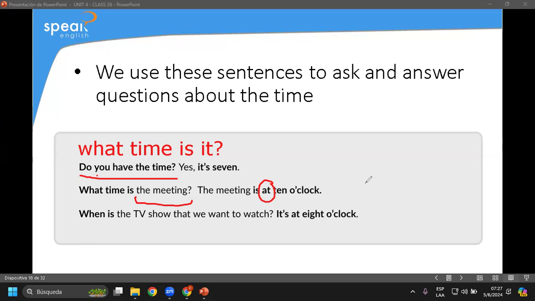This at is like, la reunión es a las. That is the meaning for at. At is before the time. Okay. What time is the meeting? The meeting is at 10 o'clock.